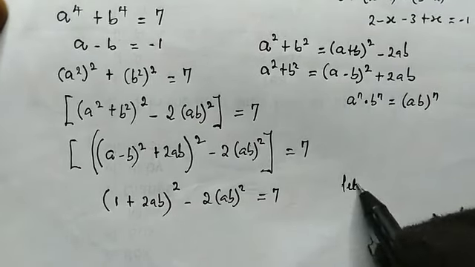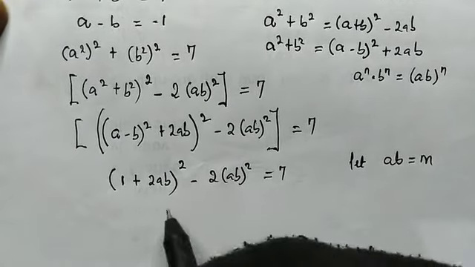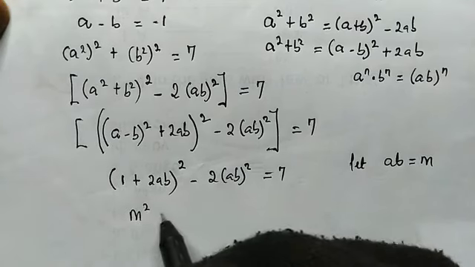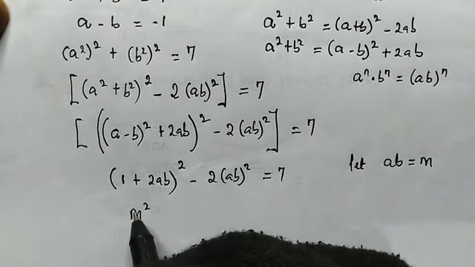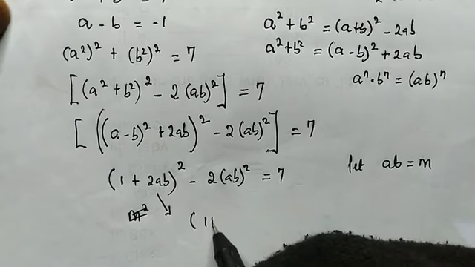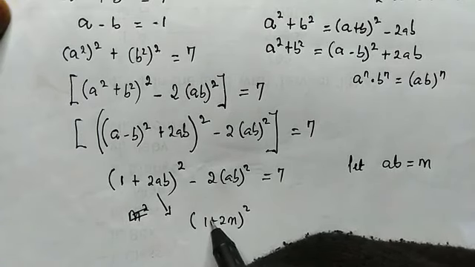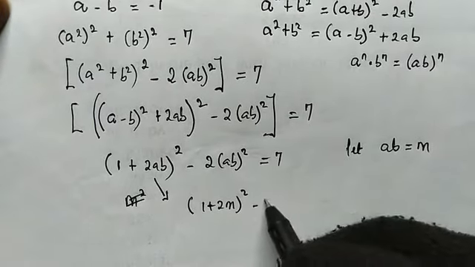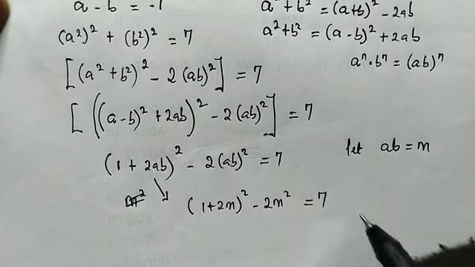So let's make a substitution by letting ab equals m. So we're going to have here (1 plus 2m) squared, so sorry for that. Then minus 2m squared, because ab is squared there, then this is equal to 7.